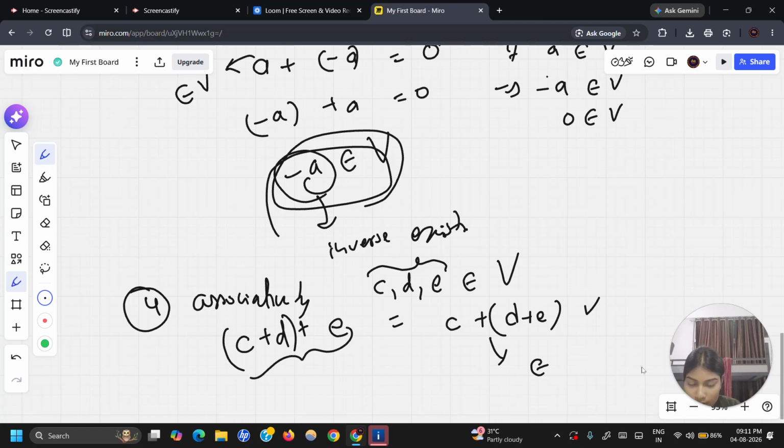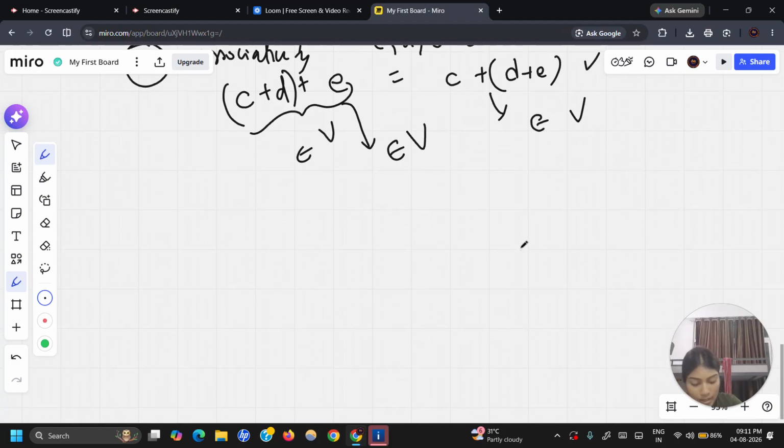Since all these belong to V, the resultant also belongs to V. Here also the resultant belongs to V. So this is associativity.